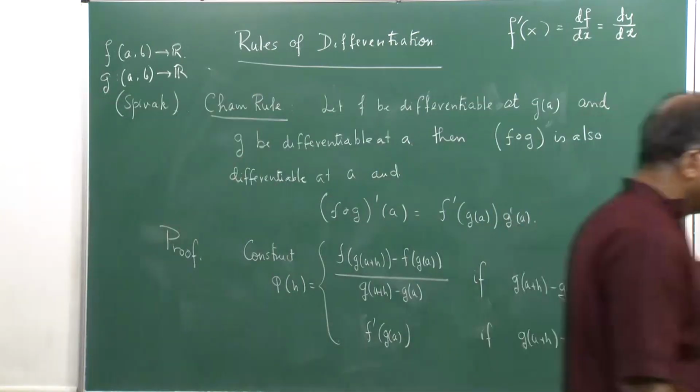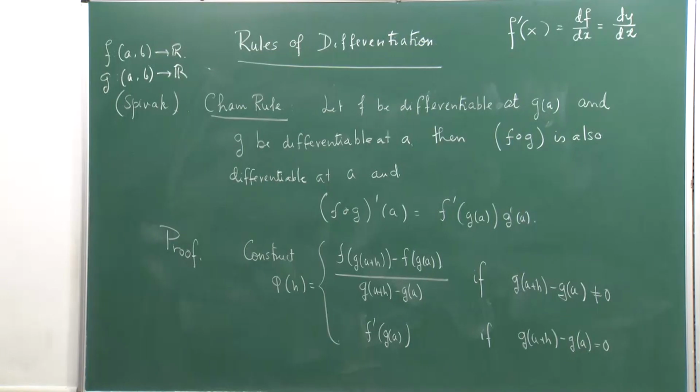The next step that we will use is trying to prove the continuity of the function phi. So, you can easily prove that phi is continuous at the point 0 when h goes to 0, because that is what we have to check.